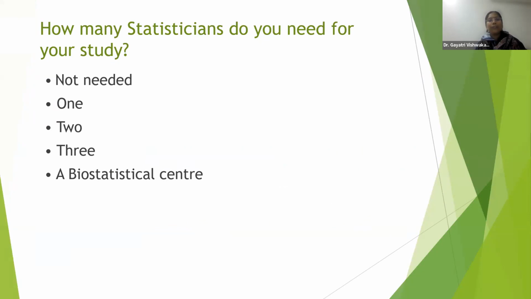If you think that you are the investigator and you have a multiple choice question, you can start writing in the chat box. Okay, somebody is saying not needed, and most of you are saying one.